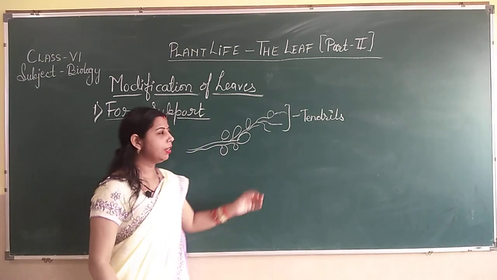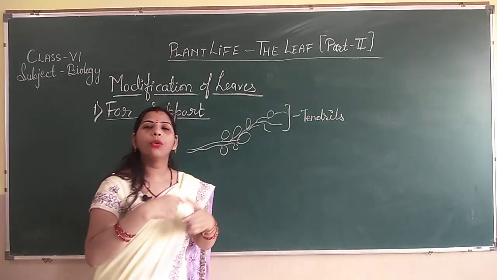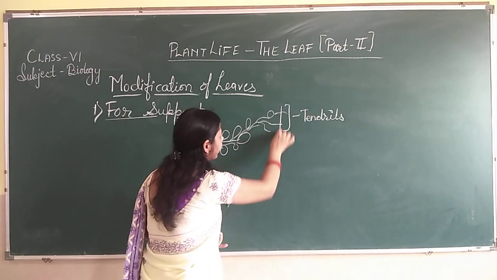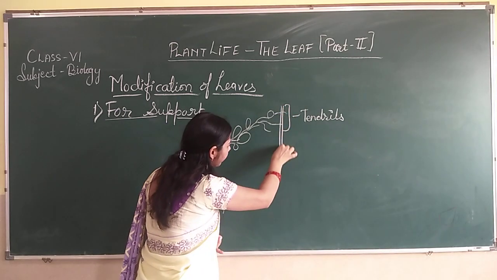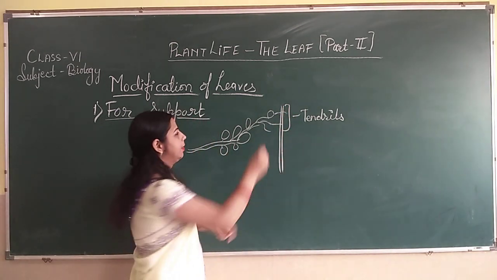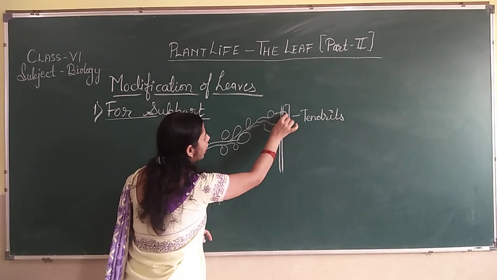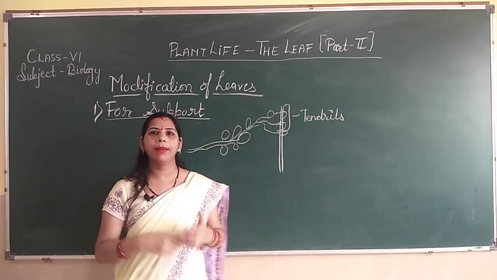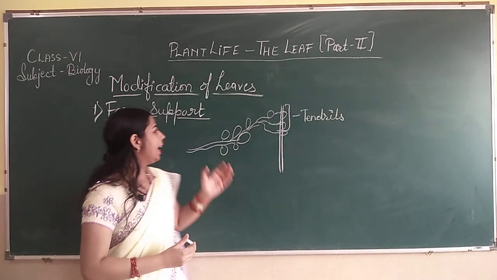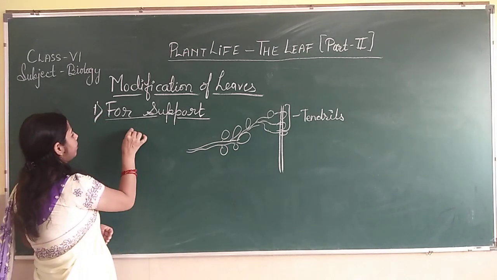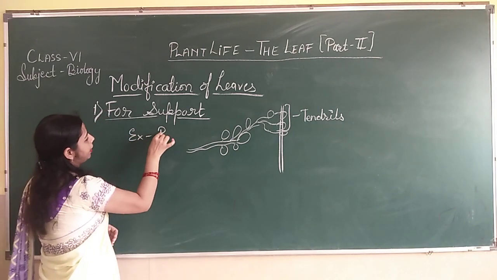As I told you, these are coiled around the support. Suppose we put one bamboo here, these tendrils are going to go around this support and help the plant to grow. And you can see it in the pea plant.